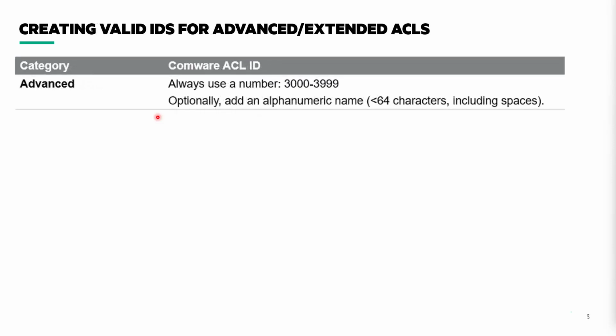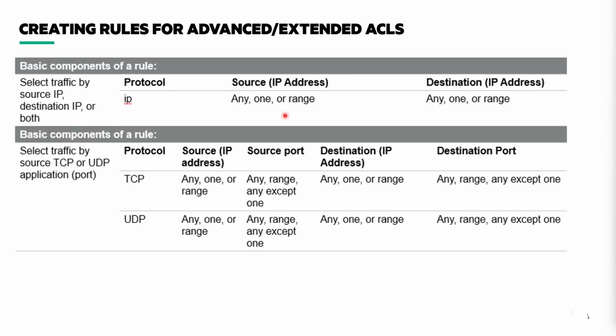Next one will be the advanced or extended access control list. The number ranges between 3000 to 3999. Again, you can also give it a name. In this one, as the name indicates, we have flexibility. It can be based on protocol, on TCP or UDP port, source and destination, and you have huge flexibility in this case.